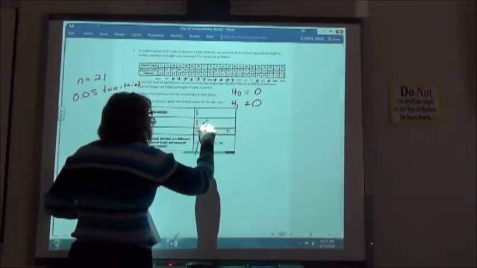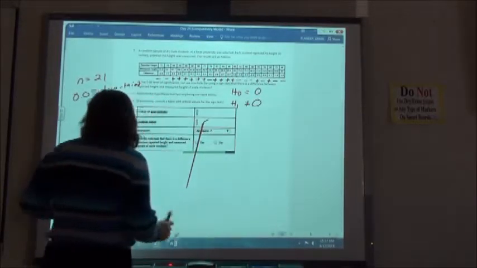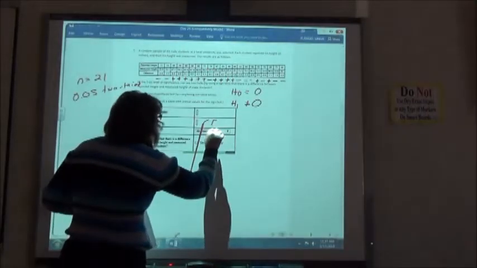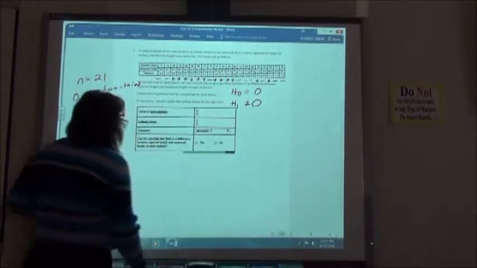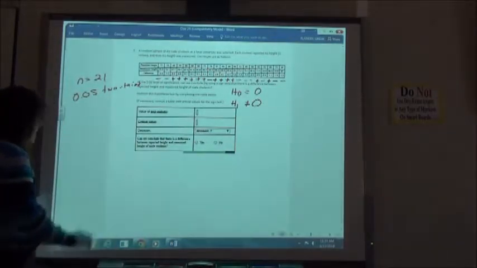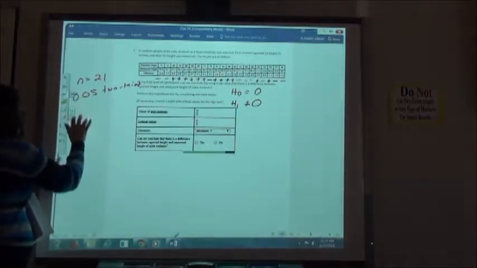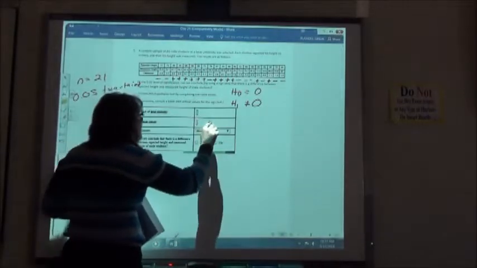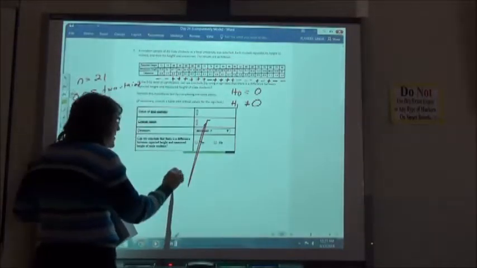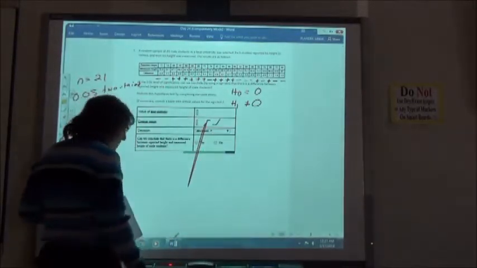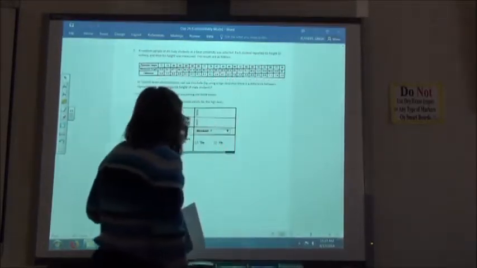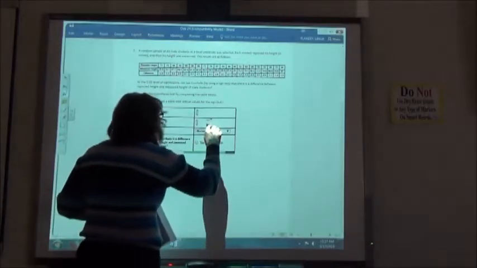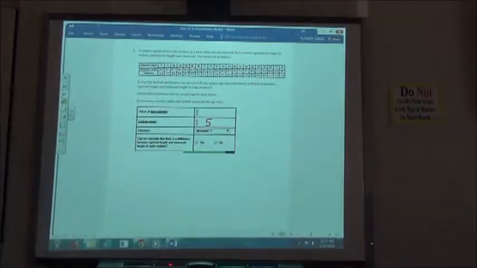If my thing does not want to work right, you give it a second. See if I just use my pen tool. Nope, still doing the same thing. 5 doesn't want to work. Let me clear it and see if that works then. There we go. My critical value is 5.